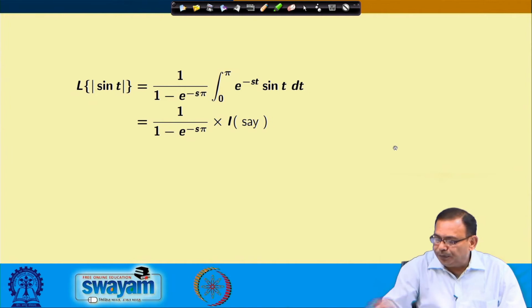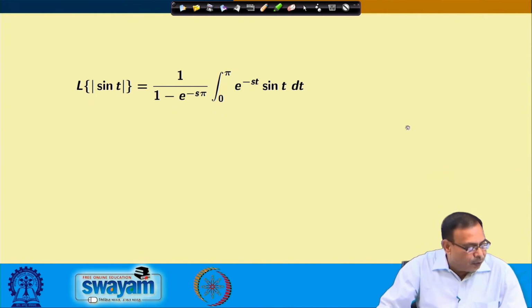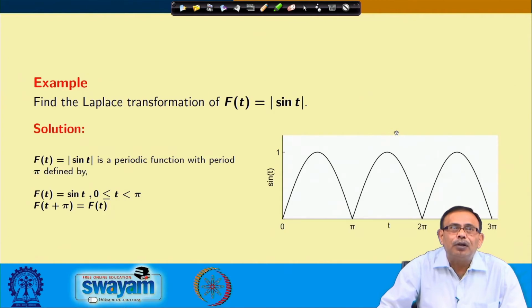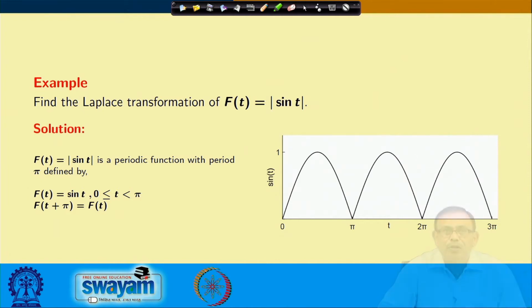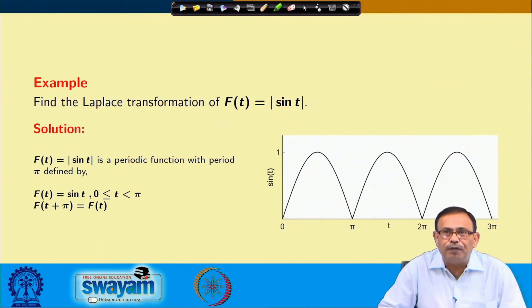Let us take the example that we want to find the Laplace transform of f(t) equals modulus of sin t. If you see, f(t) equals |sin t| is a periodic function with period pi, which is defined by f(t) equals sin t, where t lies between 0 and pi, and f(t plus pi) equals f(t).